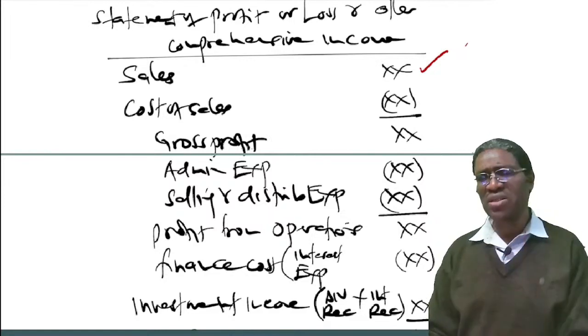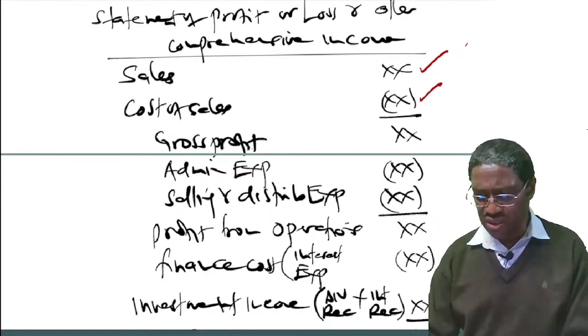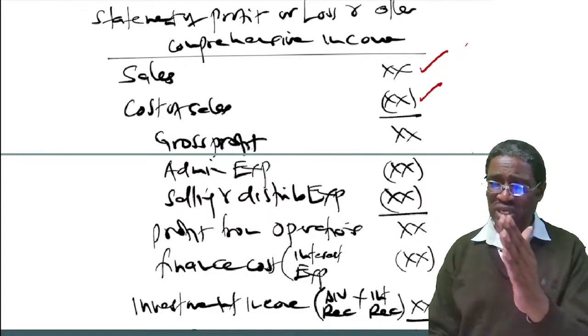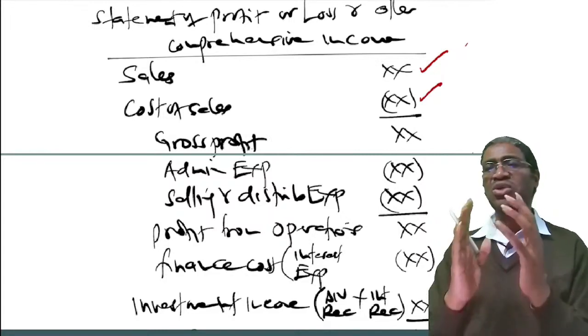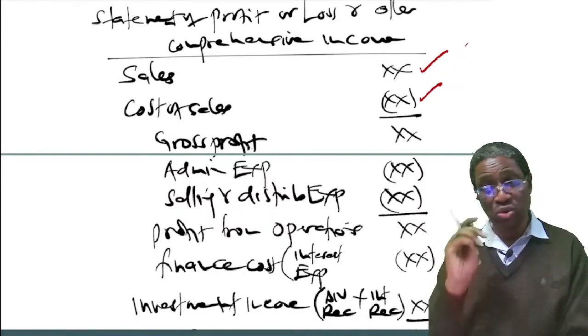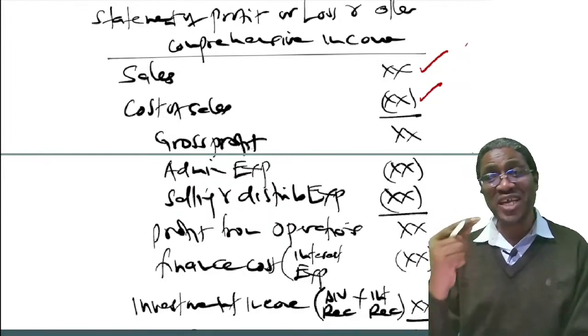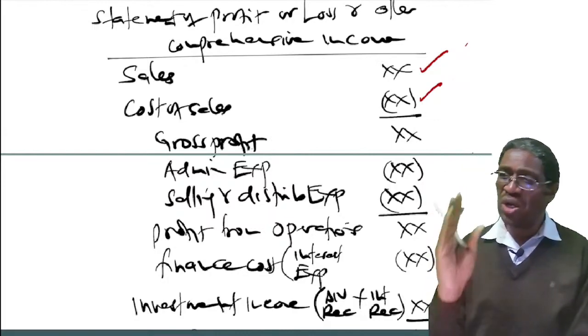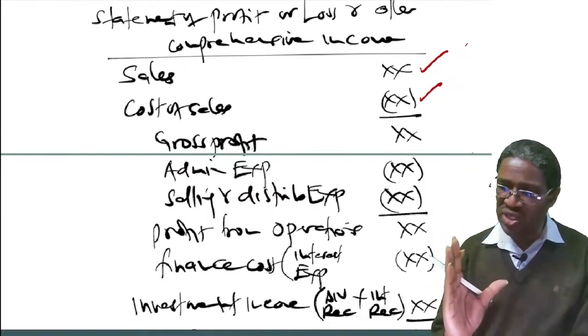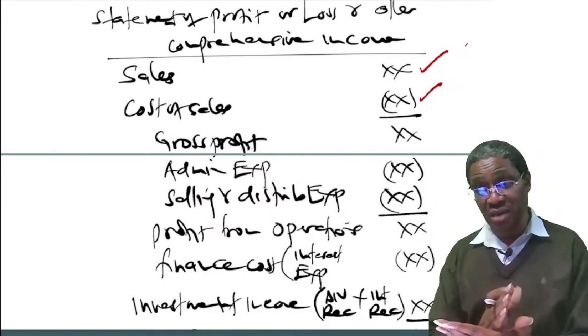But then we said when it comes to cost of sales, when you are doing the income statement for internal reporting, you normally show the workings of the cost of sales on the face of the income statement.